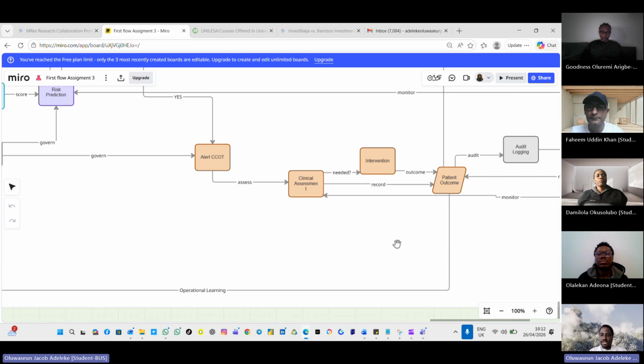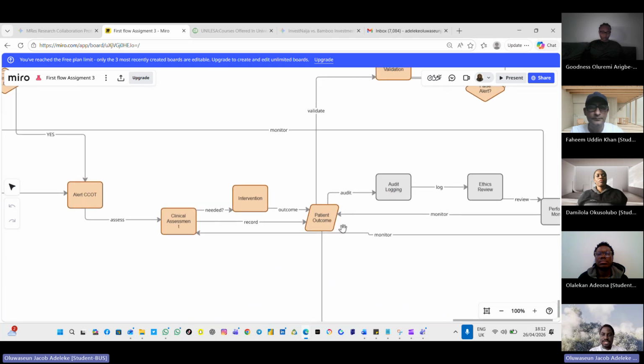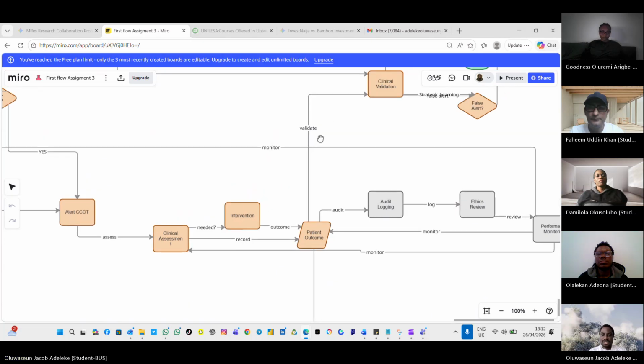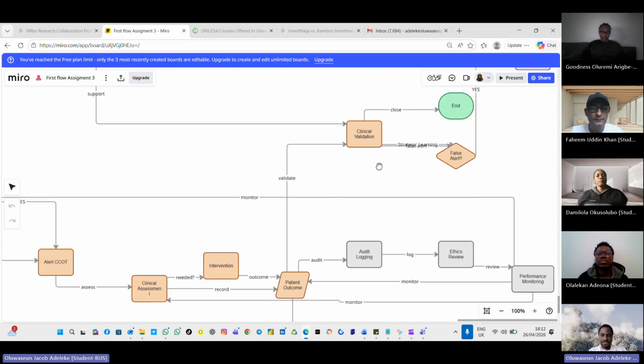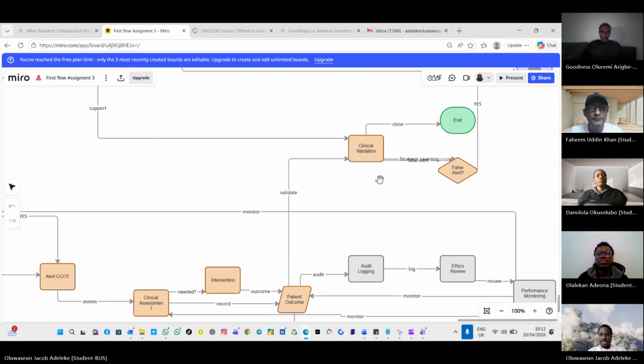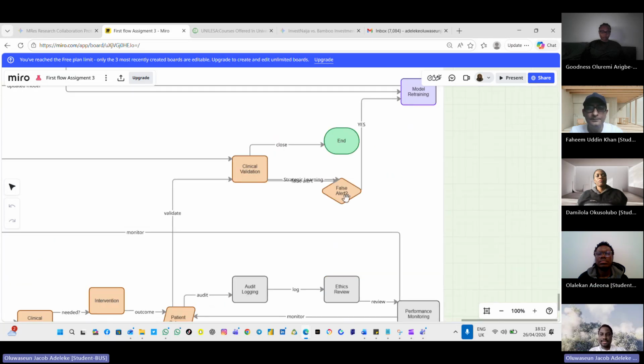Now, what happens to the patient's outcomes? It validates. The result of the patient outcome goes to the clinical validation. Let's take, for example, if this clinical validation node gives what we call false alerts, because it's possible that we have false alerts.